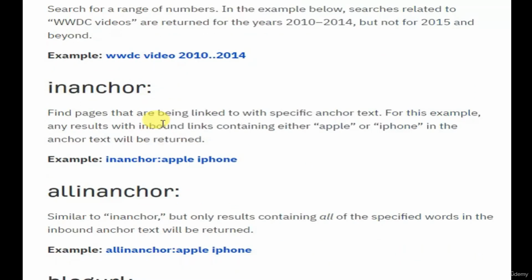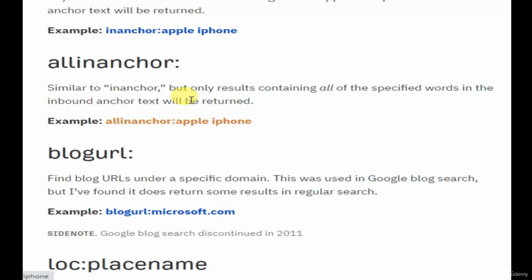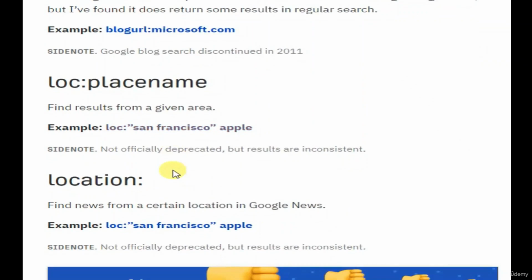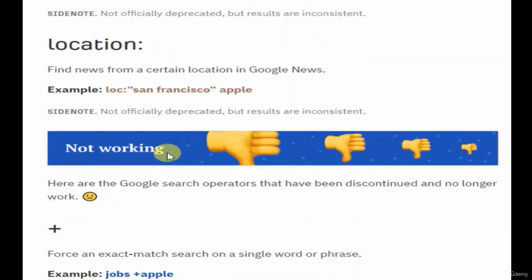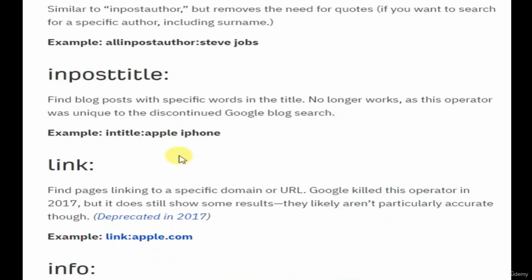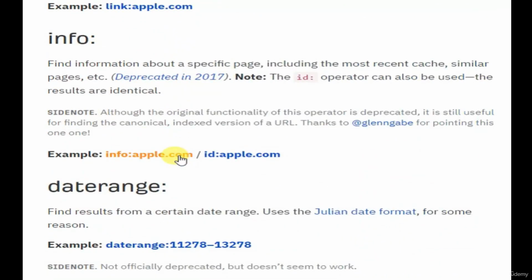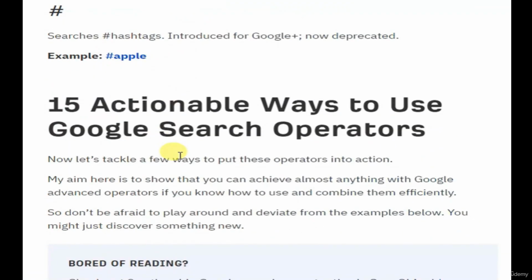In the example below, allinanchor, blog URL, location, place name, inpostauthor, allinpostauthor, link info. Just watch the example.